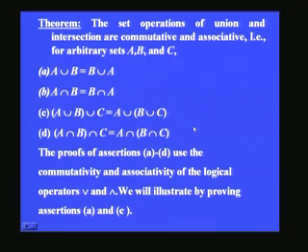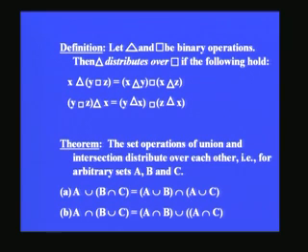Now, a formal proof can be written just using "or" and logical connectives. Now, you have two binary operations, del and square. Then how do you define distributivity of one operator with respect to the other?